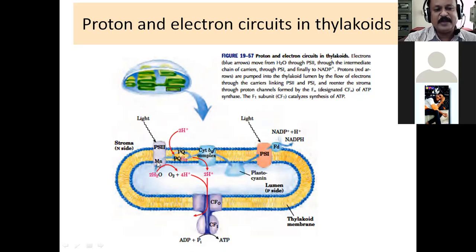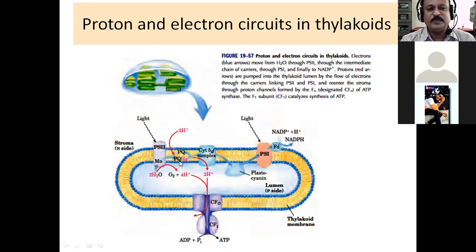So through this Mn, one by one, the electrons are going to photosystem 2. Of course, light is falling on photosystem 2 so that the electrons are excited, and then the reduction potential becomes so low that the photosystem 2 reaction center becomes an electron donor. Then the electrons go to plastoquinone.